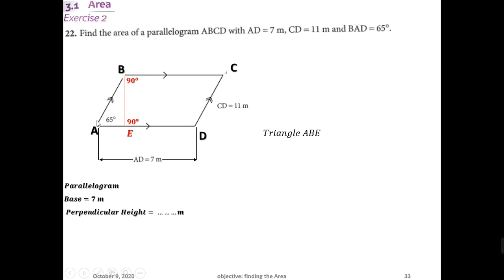So in this triangle ABE, we need to find this red line, which is the height or the distance between the two parallel sides.